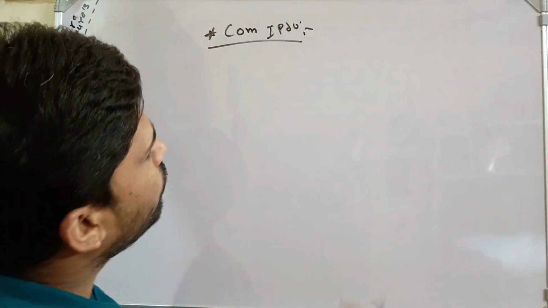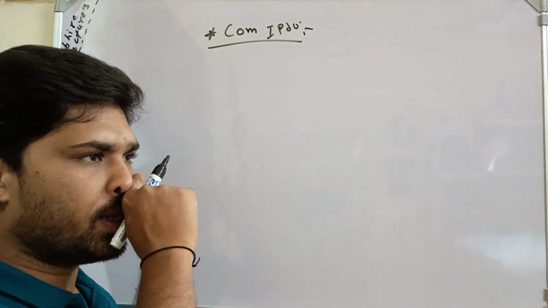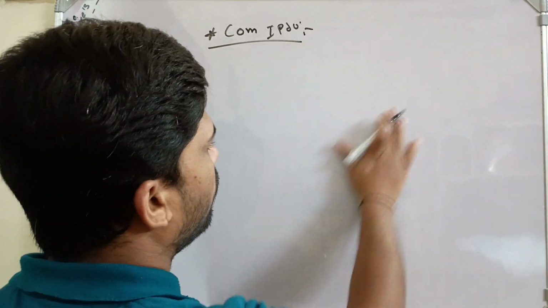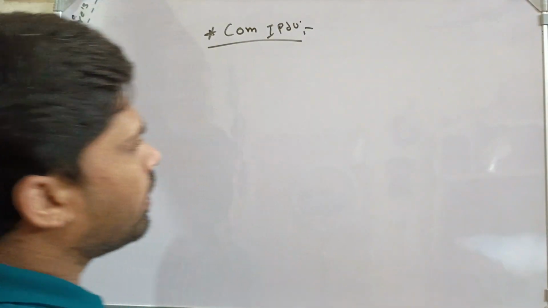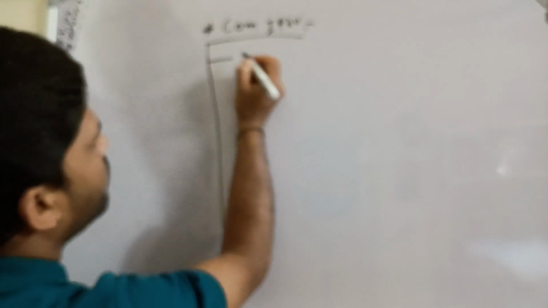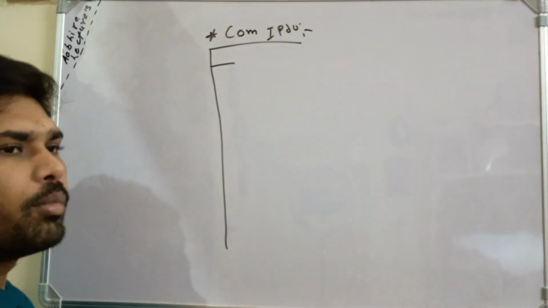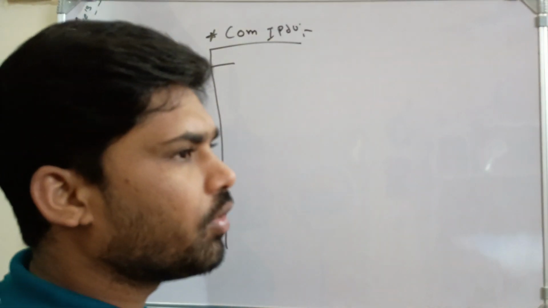Then from COM we can transfer the signal. So that is the main purpose of COM, basically it will pack the signal. So in COM IPDU, what are the parameters which we have to configure with respect to the signal, that we are going to see here.